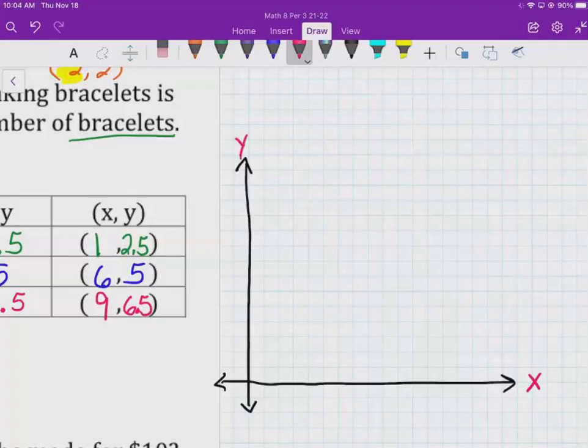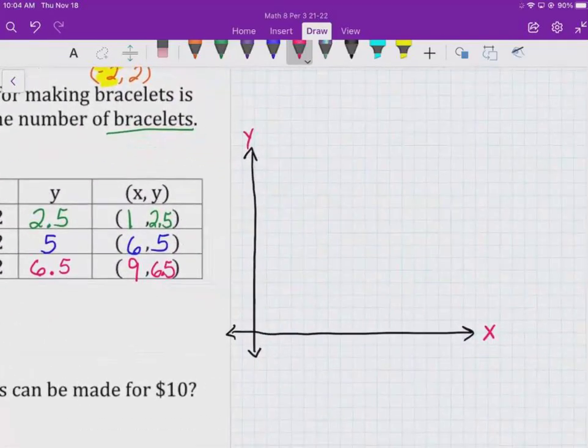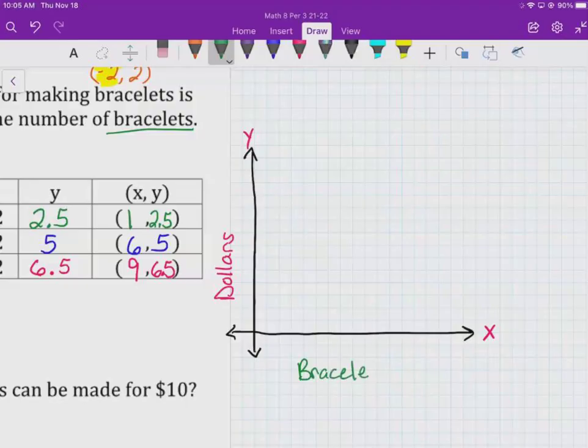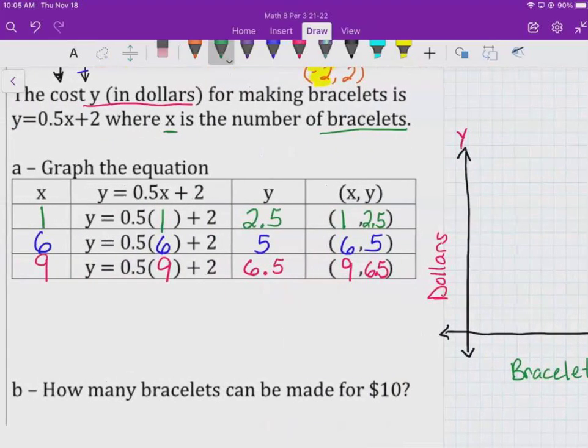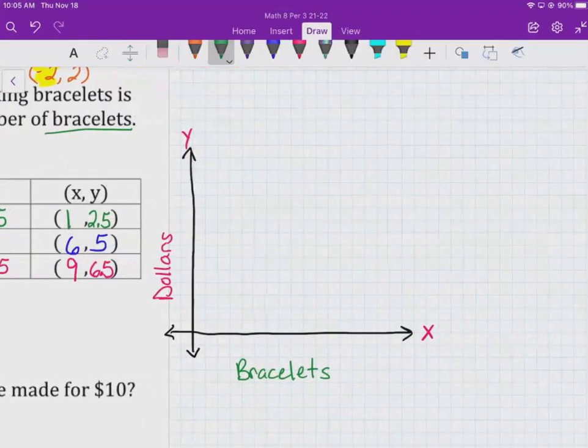Now, what were my Y's? Remember, it says the Y is dollars. So I'm going to label this dollars. And down here, I'm going to label this bracelets. We did 1, 6, 9, so let's go ahead and do 10 across the bottom and see where we get.